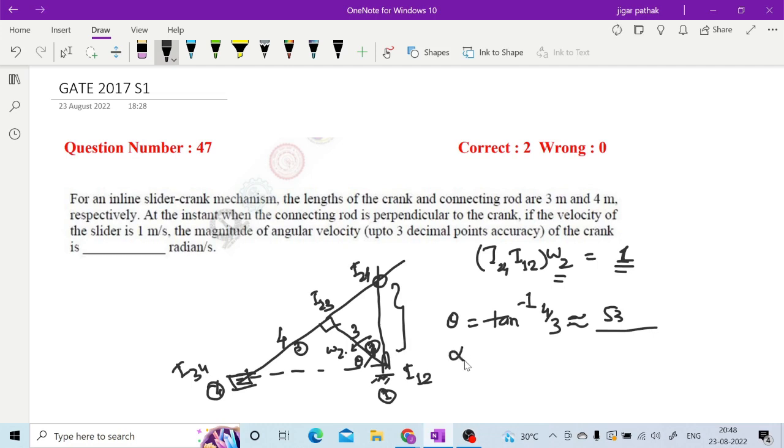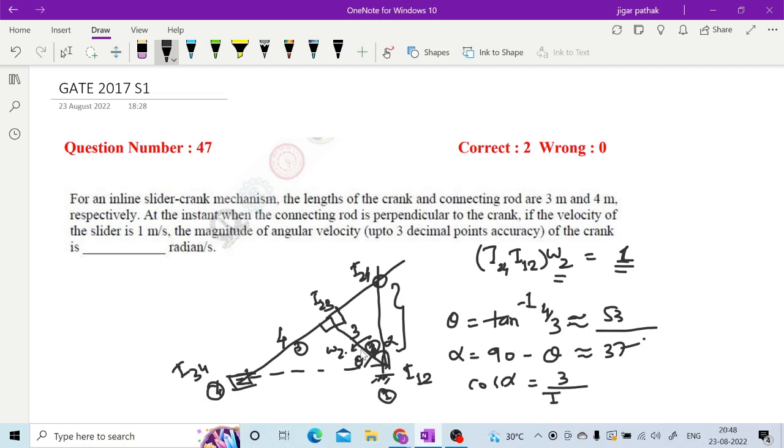Then alpha is 90 minus theta, approximately 37 degrees. Now once you have this, cos alpha is equal to 3 divided by, because here also there is a 90 degree angle. Sir, 4 by 5, cos alpha will be 4 by 5.